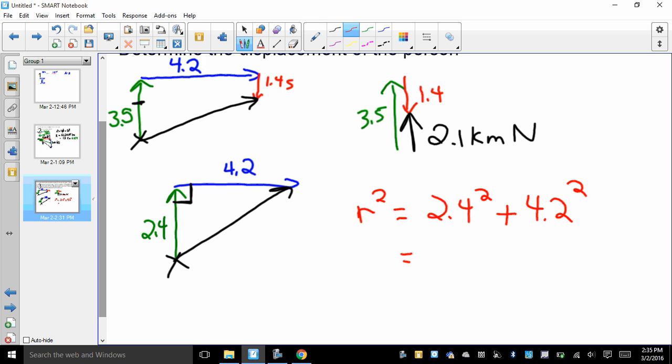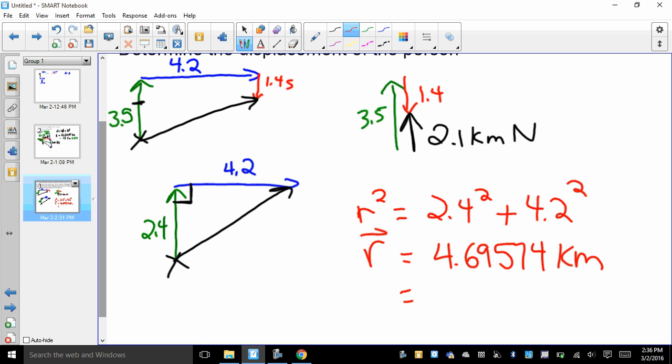Okay, so when I square those, add them, 2.1 squared plus 4.2 squared, and then I take the square root just to get the resultant by itself, I get the resultant vector to be 4.69574. That is my resultant vector.